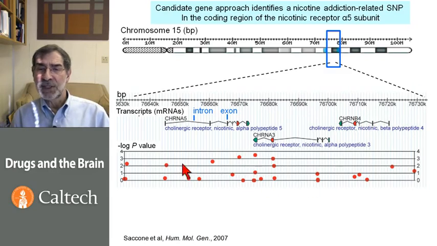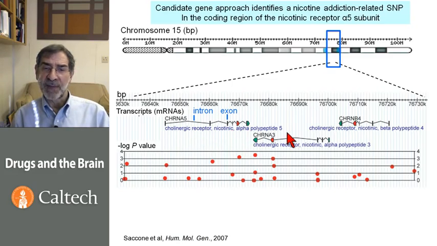It has 3 genes and only 3 genes in it. Interestingly enough, it's a cluster of genes for nicotinic receptor subunits. The name of the gene, CHRNA5, cholinergic receptor nicotinic alpha polypeptide 5. So the gene encodes the protein called the alpha 5 subunit.